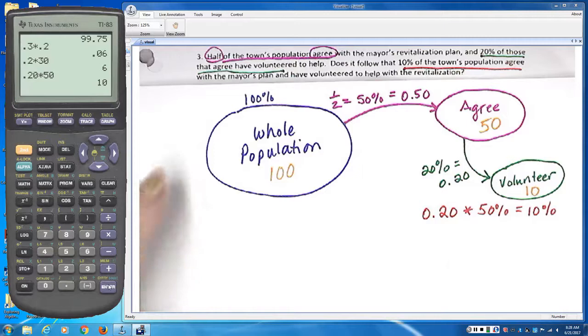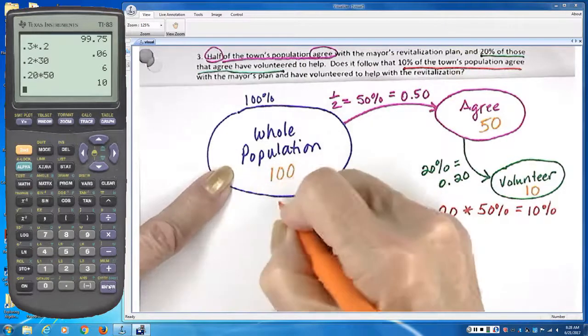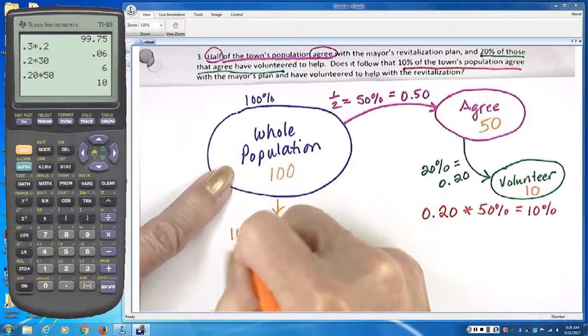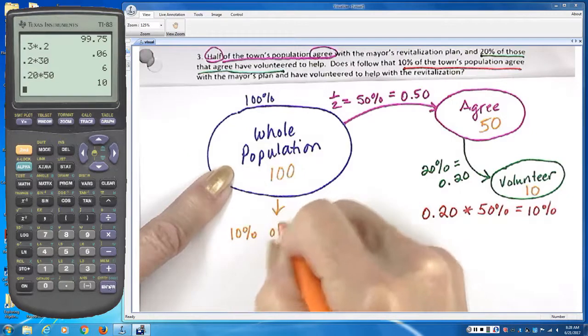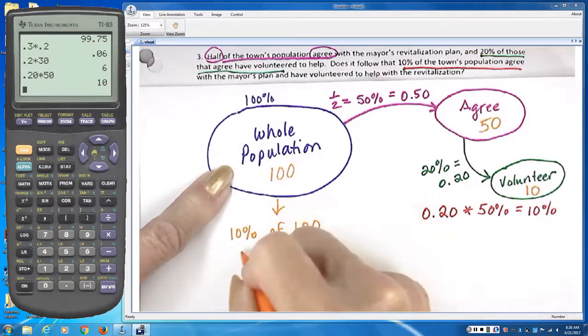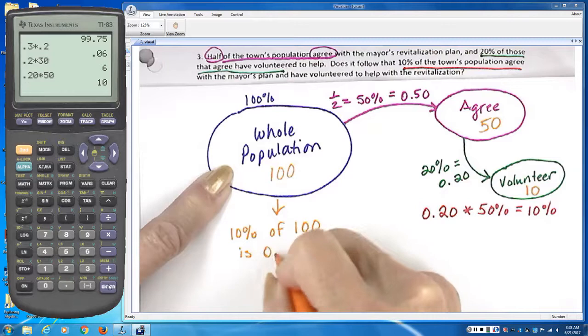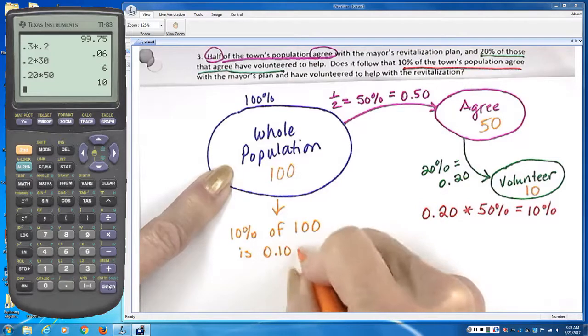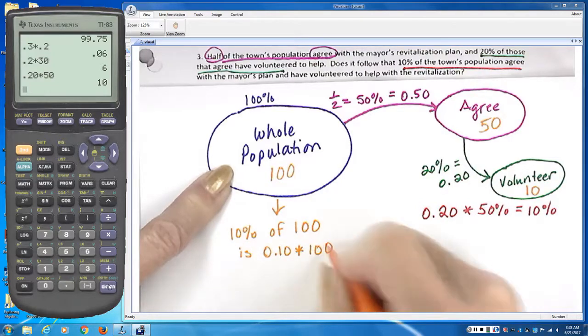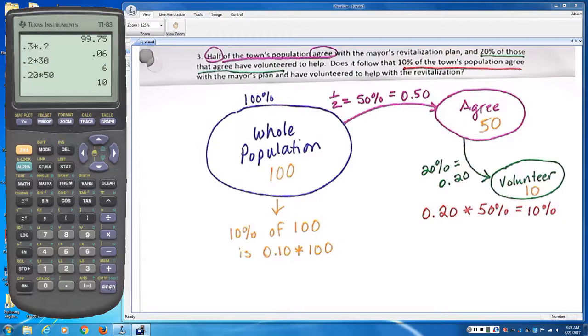It says, does it follow that 10% of the population? So that's 0.10 times 100. What's 0.10 times 100?